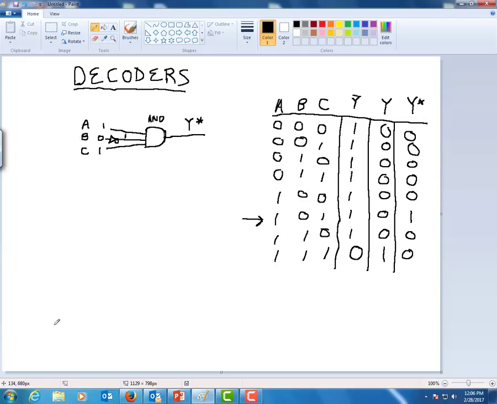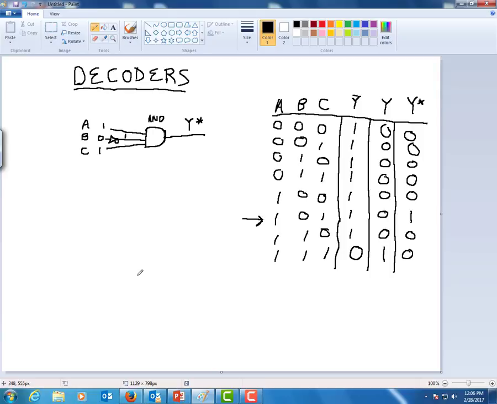So, for single output decoders, I hope this answers your question about them, okay? If you're given a single gate, and usually it's an AND gate or a NAND gate, they're going to ask you what is the code that comes in. What do the inputs have to be to have an output be a certain value, high or low, okay?